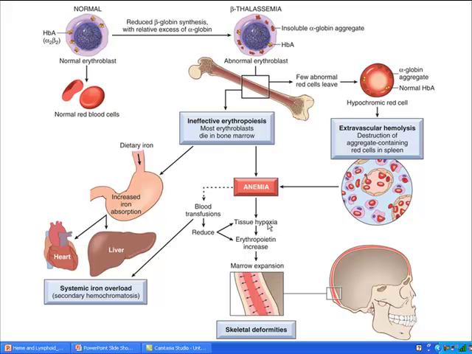So in the bone marrow, when there is hyperplasia of these progenitor cells, it's going to completely fill up the intramedullary space of the skeleton, and then it's going to invade the bony cortex. It's going to impair bony growth, and it's going to produce skeletal deformities. And that can be seen in the skull, bone of the skull.